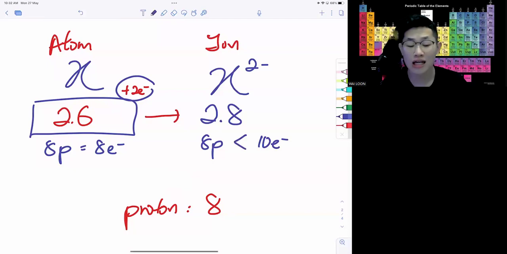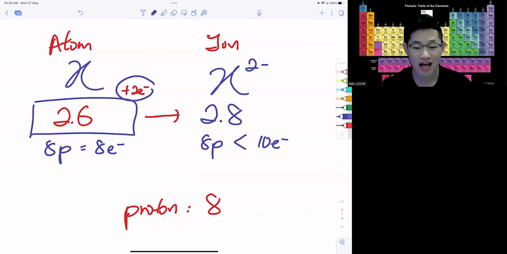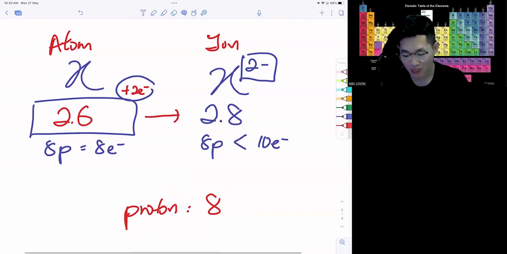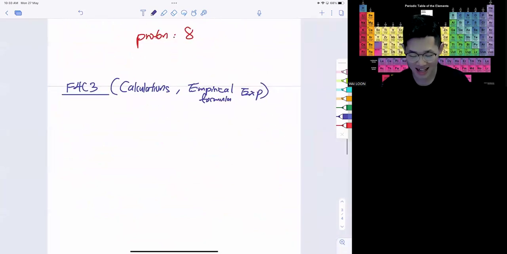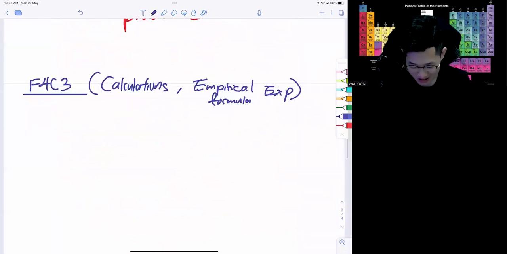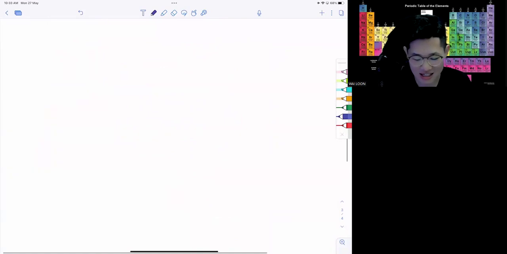I have 2 electron more than the proton, so it comes with a 2 negative charge. Understand? Okay, so let's try again. One more.